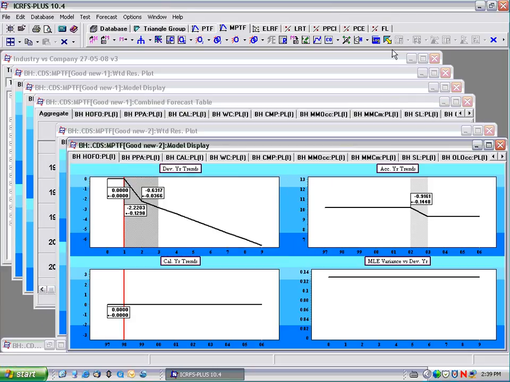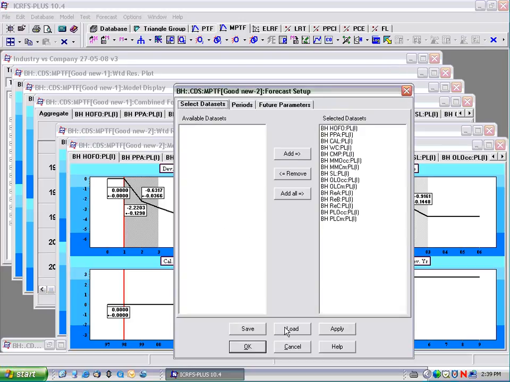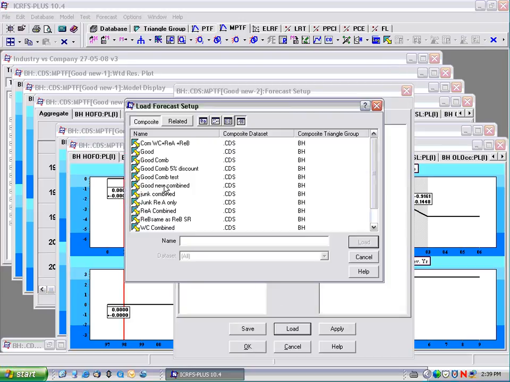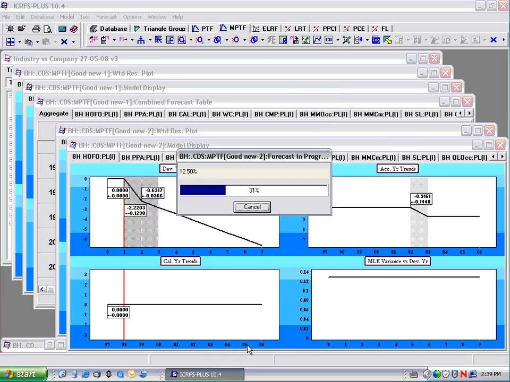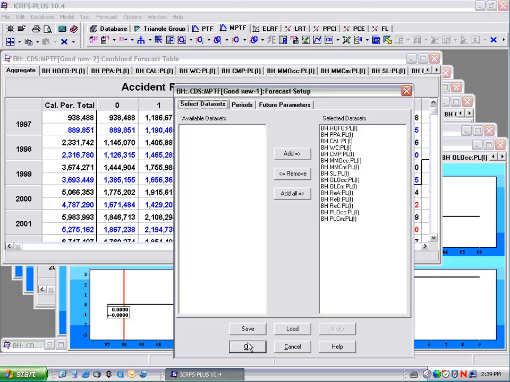We can then forecast for each. It's the same model. In the first one, we'll load good new combined. But in the second one, we'll just do a forecast for OEA. You might remember that OEA had the largest capital allocation.